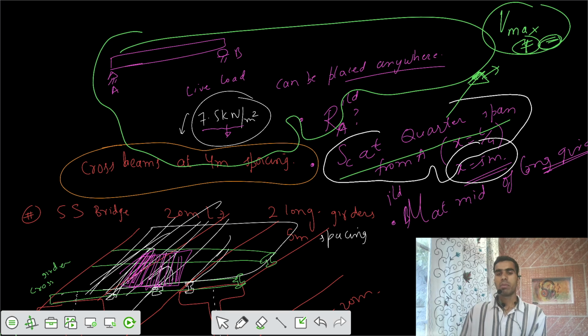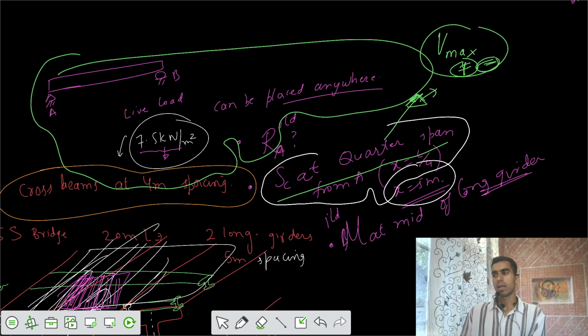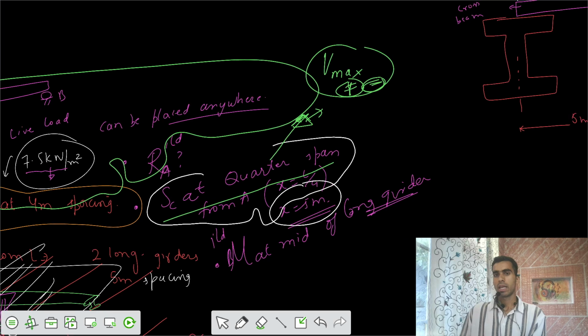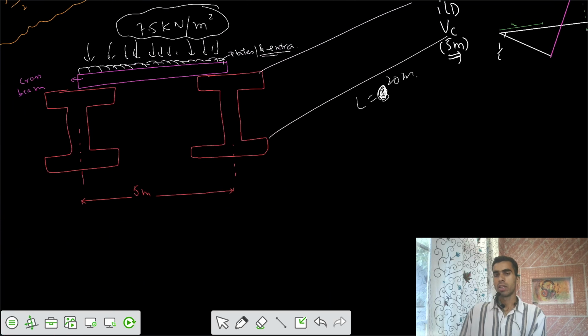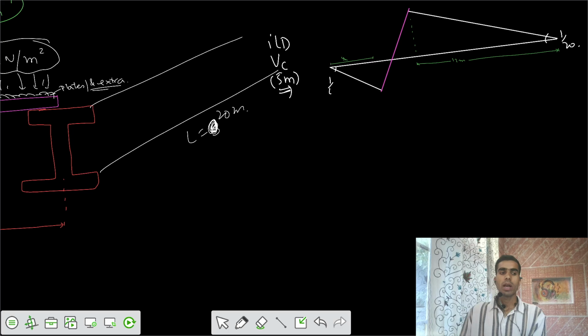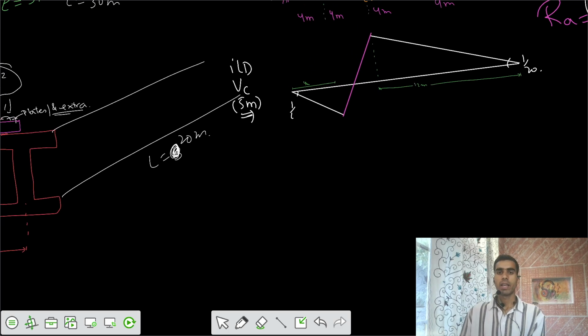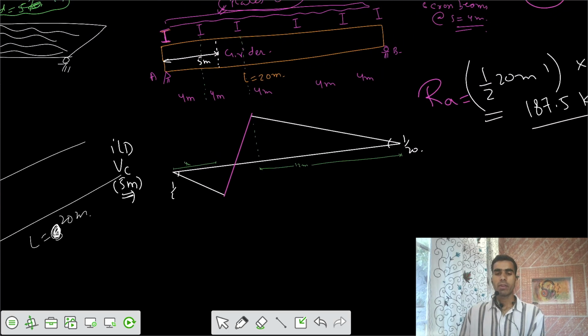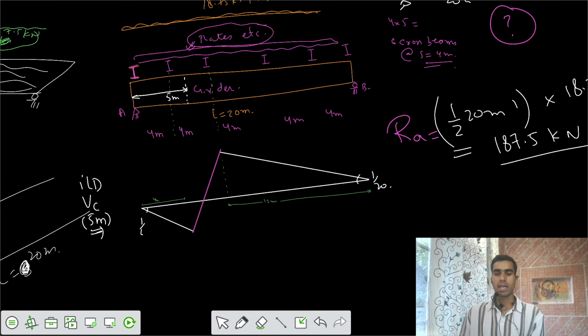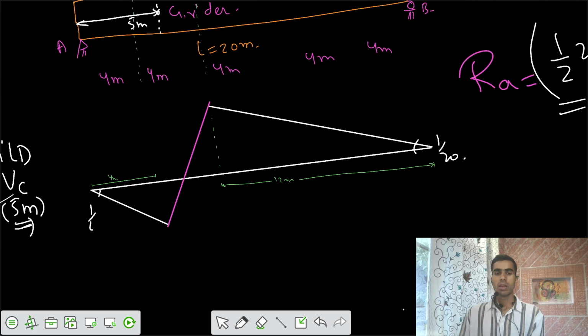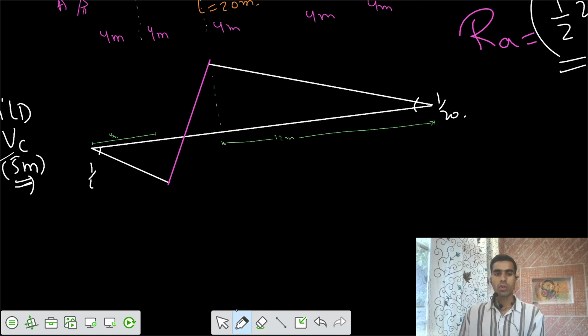That means I have to place the live load in a way such that I can get the maximum shear force ordinate values. If I see this influence line diagram, the positive area is more.